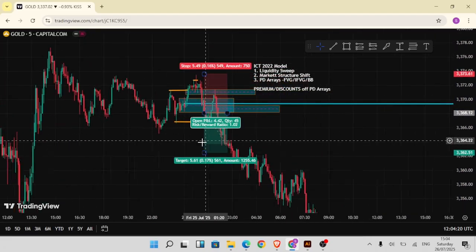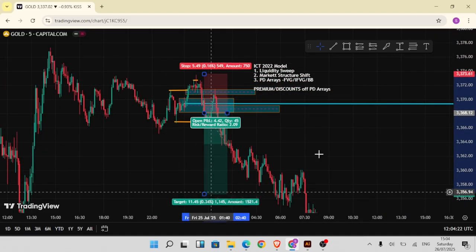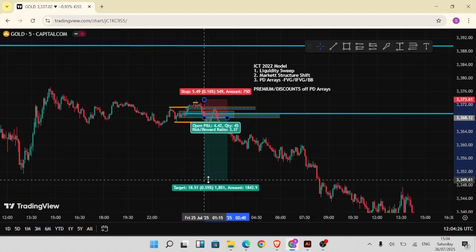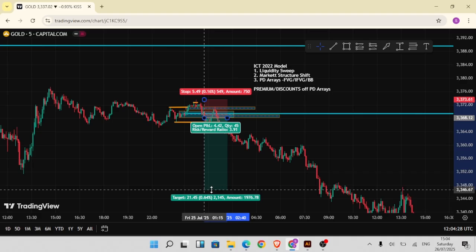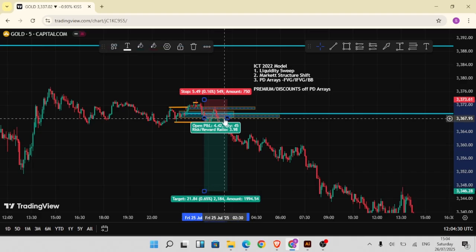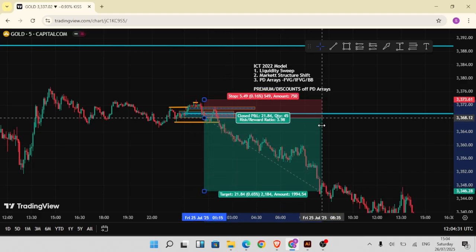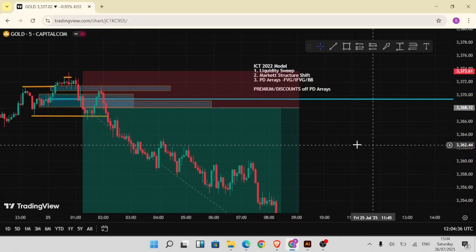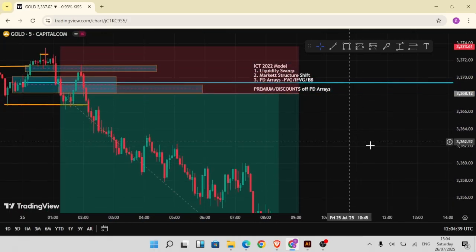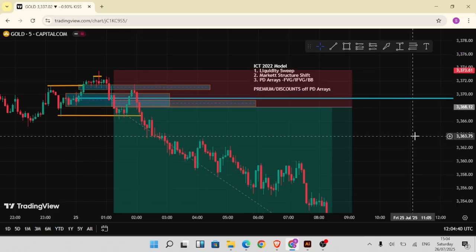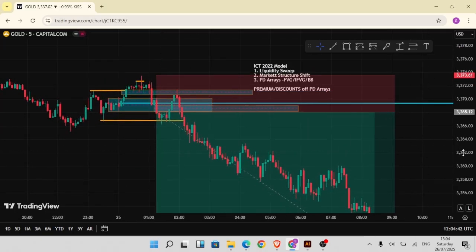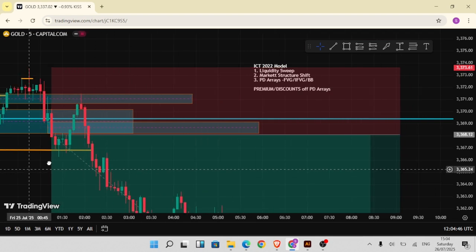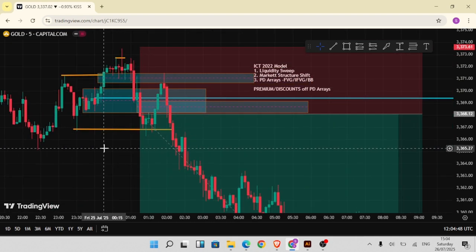You can take your 1 to 4, right? But assuming that 1 to 3 or 1 to 4, but assuming an opportunity appears for taking entries at the equilibrium of PD arrays of engulfing candles that are coming out of these fair value gaps and breaker blocks, you take that entry as well.